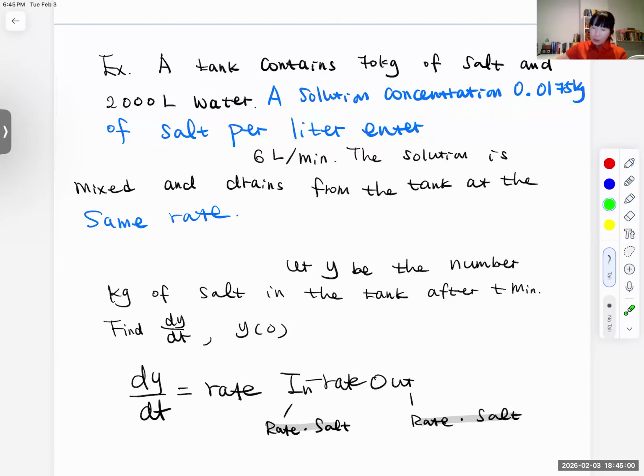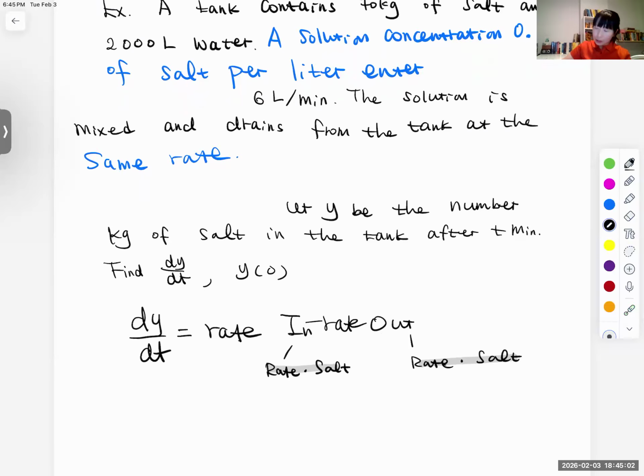Normally we had 6 liters per minute times 0 salt, remember? But in this case the concentration is 0.0175. Clear for you? So we have 0.0175 salt.